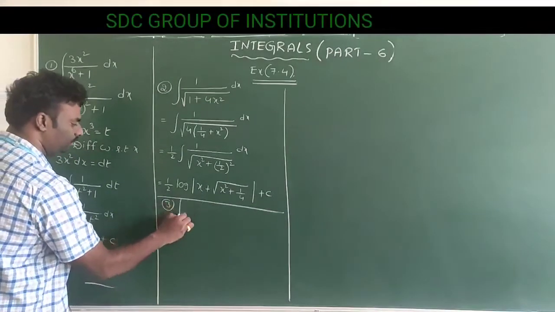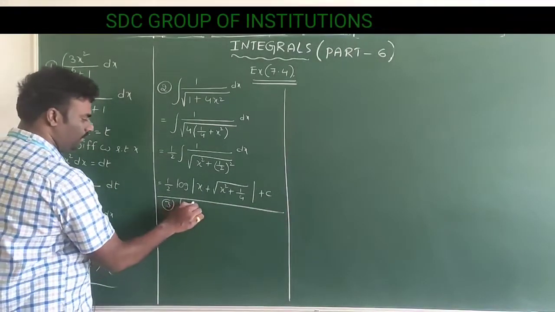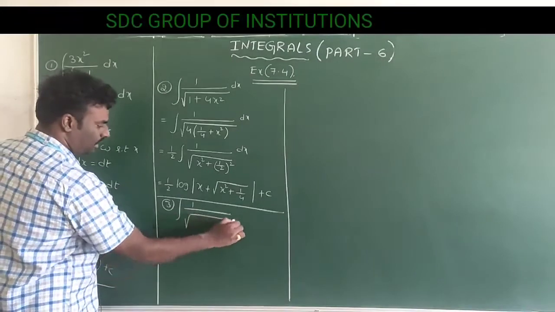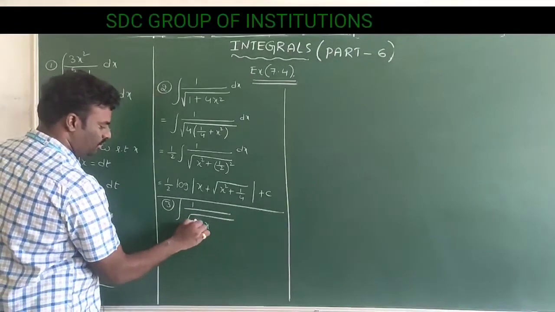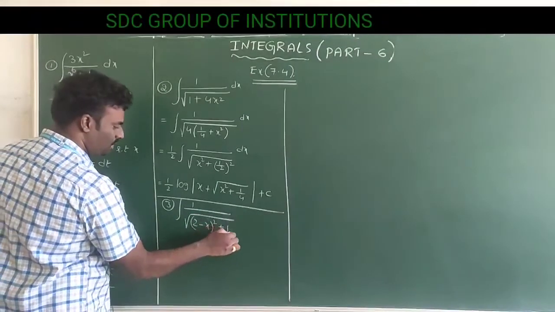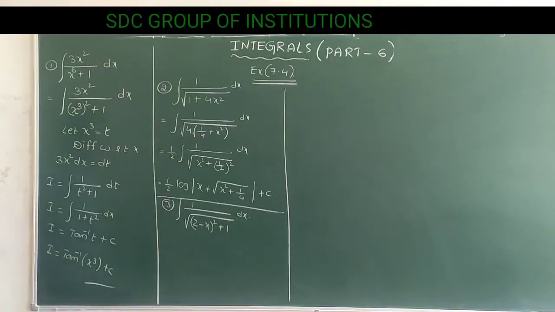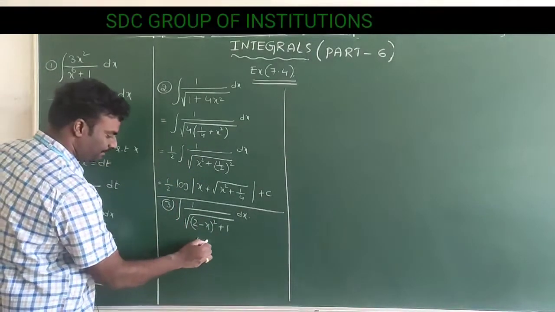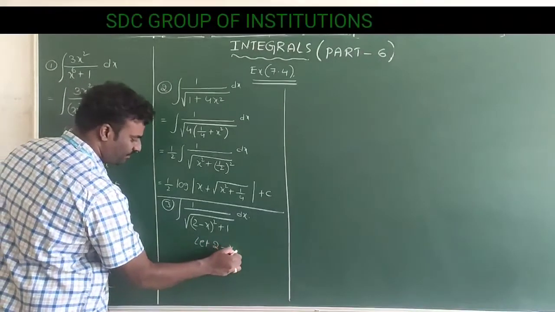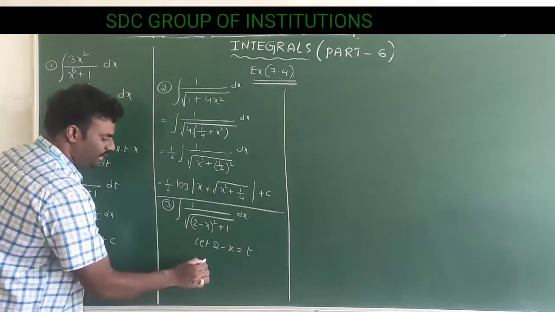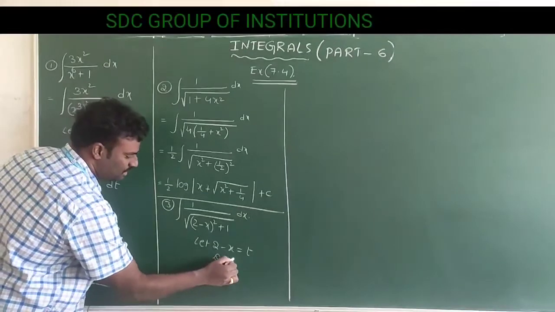Evaluate integral 1 by under root of 2 minus x whole square plus 1 dx. For this I am taking 2 minus x is equal to t. Differentiate both sides with respect to x.